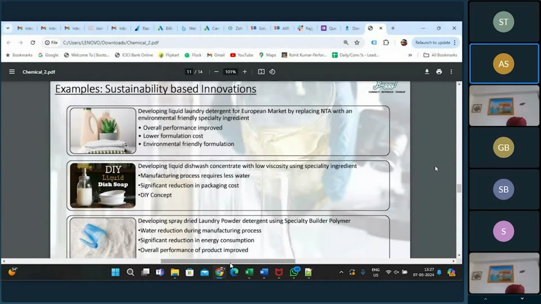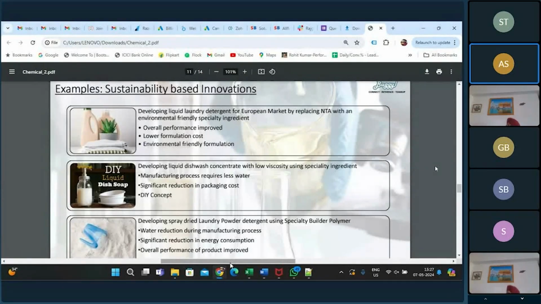So to make it low viscosity and still highly concentrated, you need a specialty ingredient which can make it smooth, flowable, and transparent as well. It should be aesthetically appealing to the users. So this was a dishwash concentrate developed with low viscosity using a specialty ingredient.